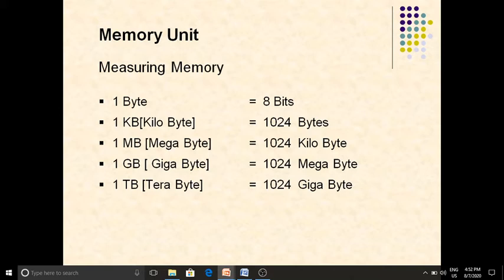So this decimal value 65 will be converted into bits, that is 11100001. Again, the computer system will convert these bits back into the decimal value and give you the output as the alphabet small a. So the memory of a computer is measured in bytes and bits.